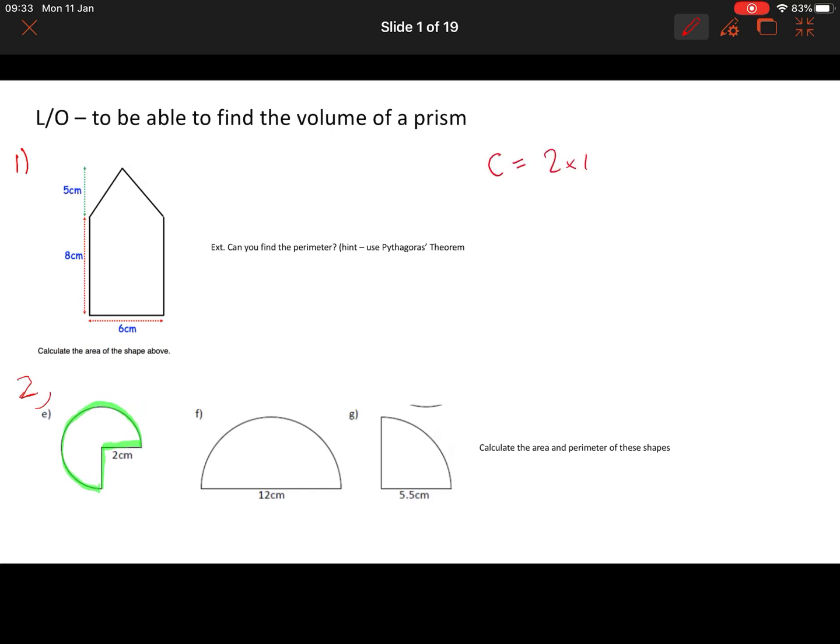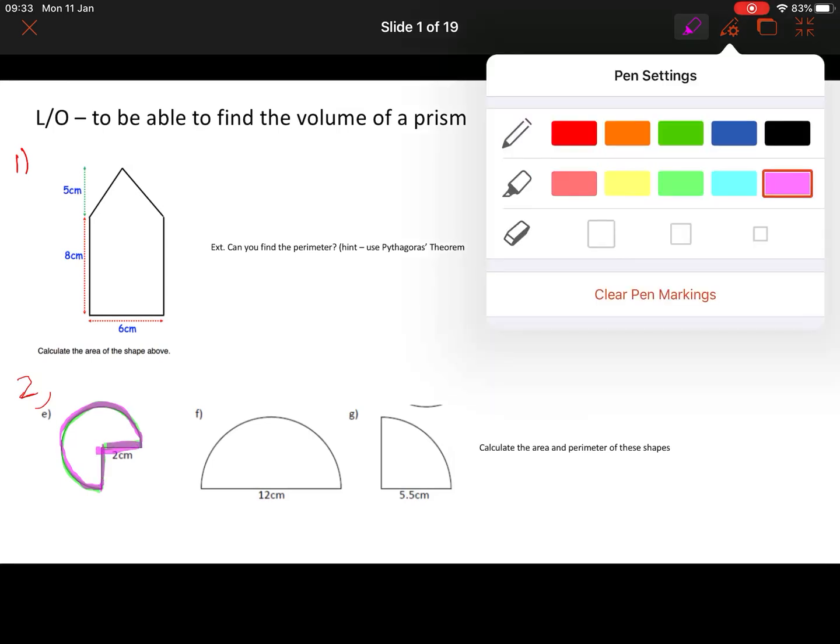So what would the circumference of the whole circle be? The circumference of the whole circle will be 2 times pi times r, which is 2 in this example. Okay, circumference of a circle is 2 times pi times r. But the arc will only be 3/4 of that length. Okay, so that expression that I've got written there tells me this distance here.